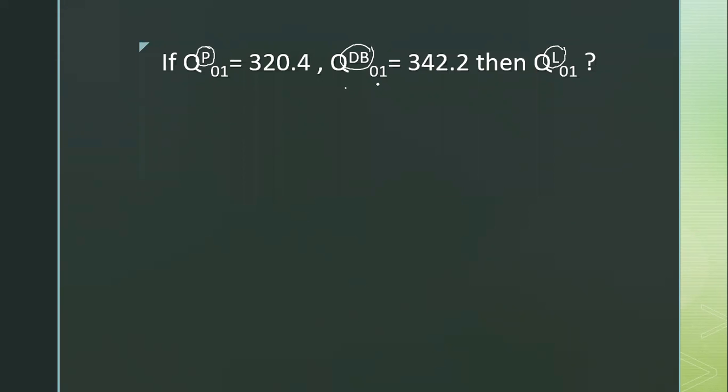They have given us the Drobisch and Bowley information, so obviously we use the formula: Drobisch and Bowley is equal to half, open the bracket, Laspeyres plus Paasche.